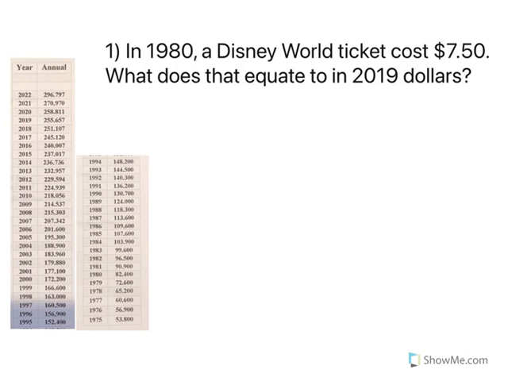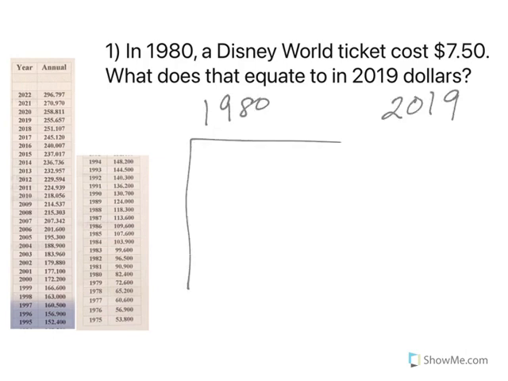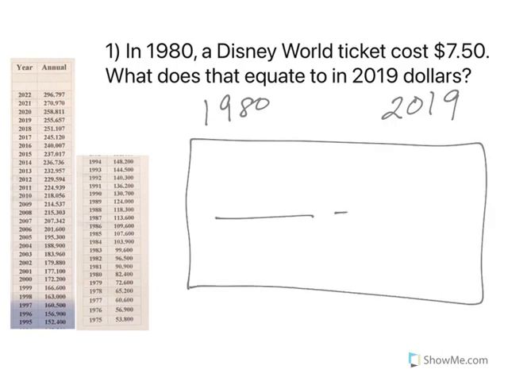All right, now this is how I do these. There's multiple ways to set these up, but this is my basic deal. I am comparing 1980 to 2019. So I like to give myself a box, right? I'm creating a proportion where my left ratio is 1980, my right ratio is 2019. I am a creature of habit, so I always put dollars on the top, and I put the CPI values on the bottom. I need to use CPI so that we have the comparison of inflation.